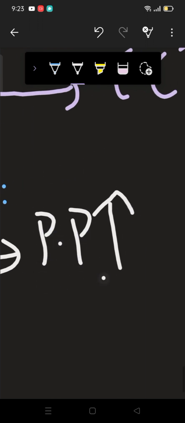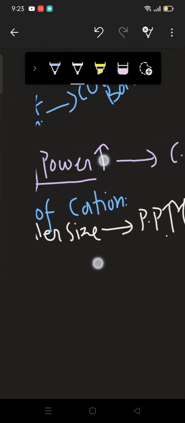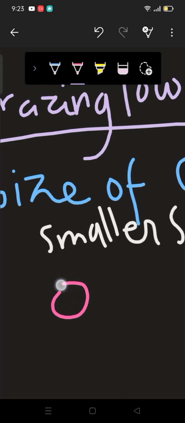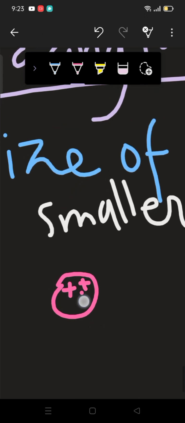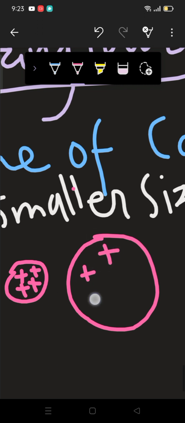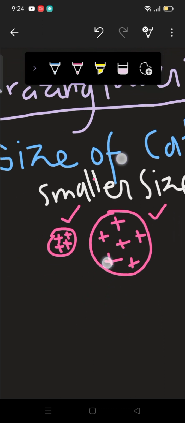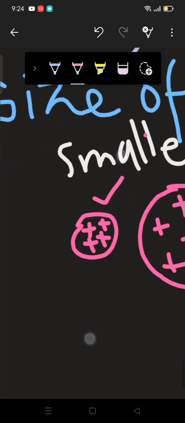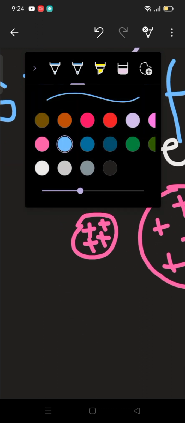Now see, if you have this cation with a positive charge, and if you have this other cation, here the positive charge is distributed, and here it is concentrated. So the smaller the cation, the more polarizing power it has.